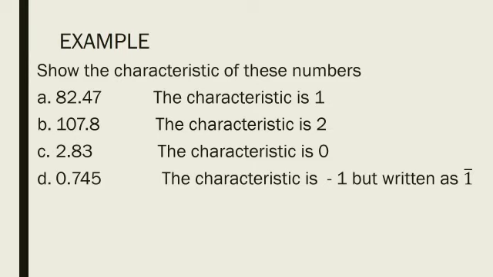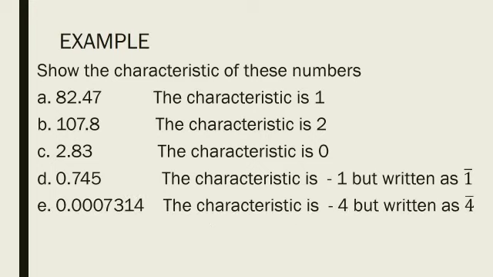But because it is after the decimal point, it is negative. I hope you're with me here. It is still 1 zero, which is the characteristics 1, but not positive this time. It is negative.